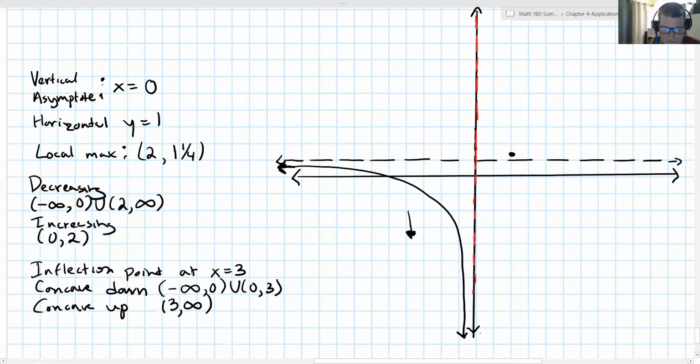So let's actually figure out what x equals 3 is, just for the sake of drawing the graph properly.